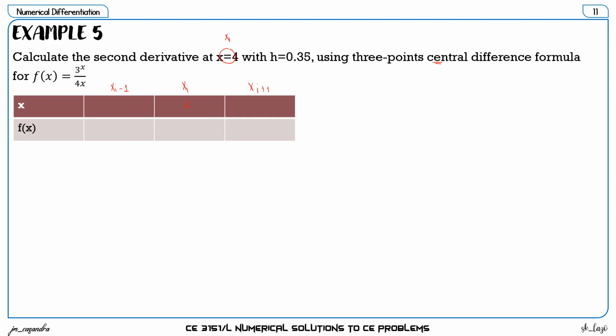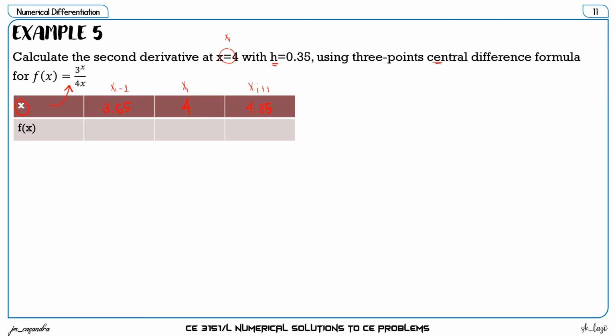With h equal to 0.35, we have here 4.35 and here 3.65.